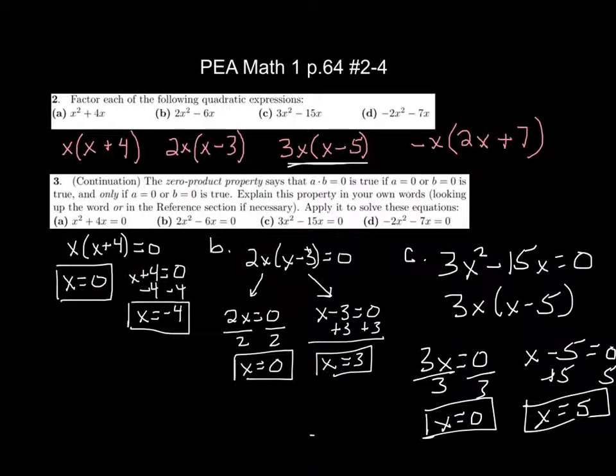Okay, I will do D down here. The factored version of D was negative x times 2x plus 7. So negative x equals 0. So that means x equals 0.